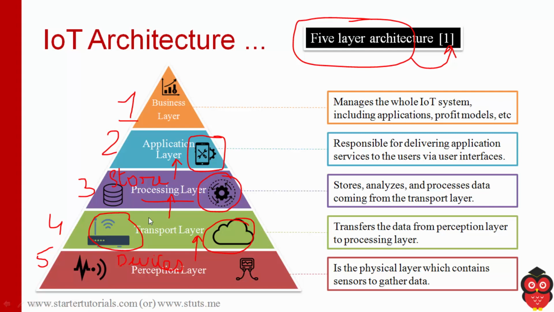Okay, and on top of the application layer there is business layer. So typically this business layer is used by the vendors. Okay, so let's say there is a manufacturer of smart ACs. Okay, a company, company X is there, right, which manufactures smart ACs.